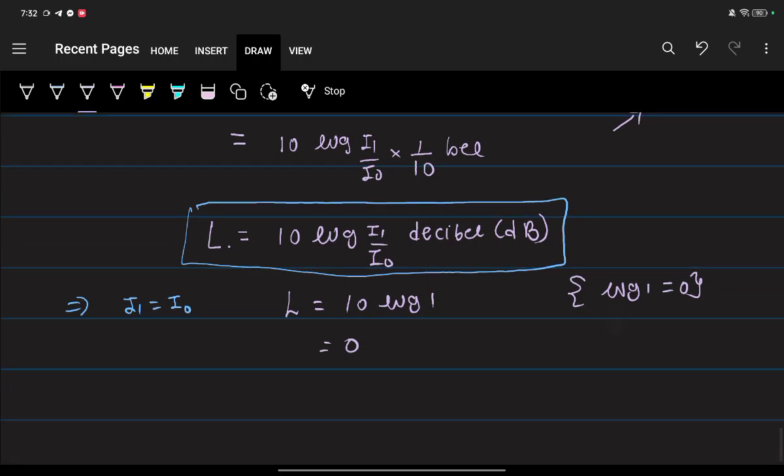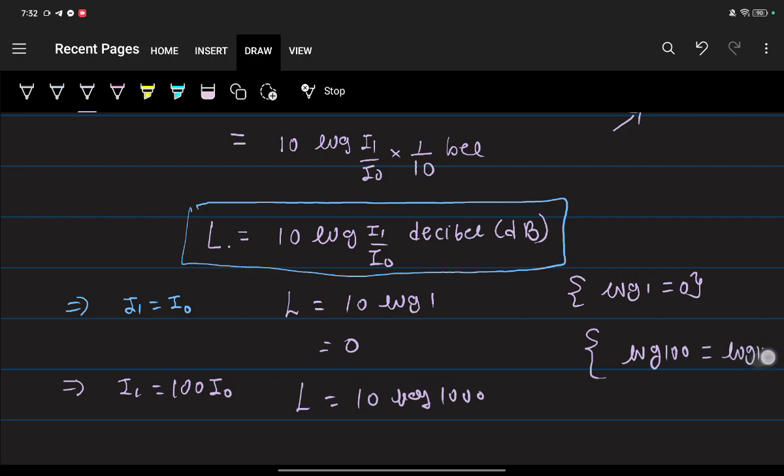Now let's say intensity increases from I0 to 100 I0. In this case L will become 10 log 100. Again from the log property you can write log 100 as log 10 raised to 2, and take this 2 in multiplication, so it will become 2 log 10.